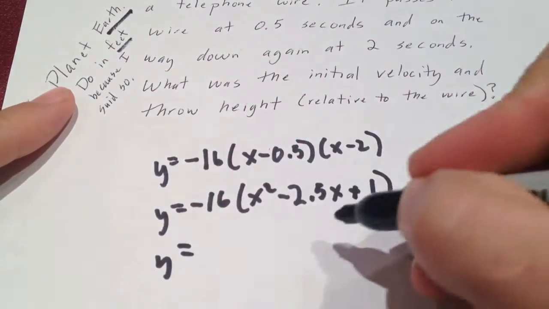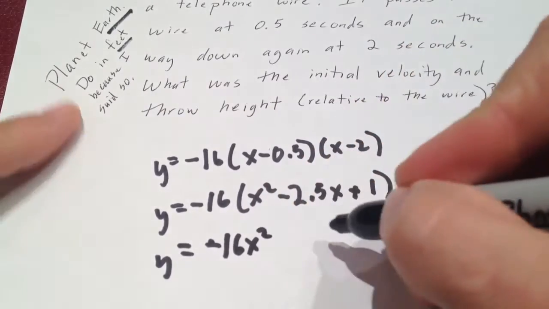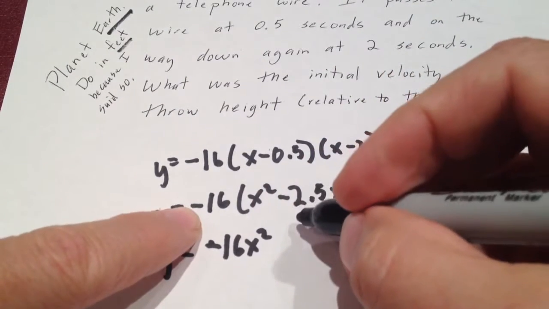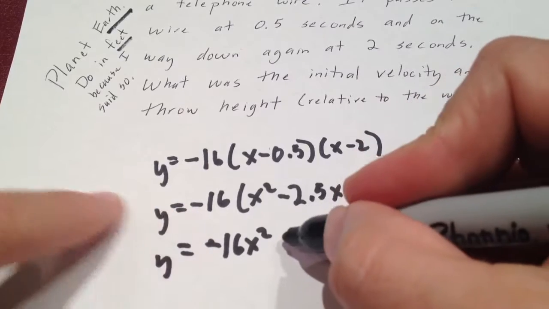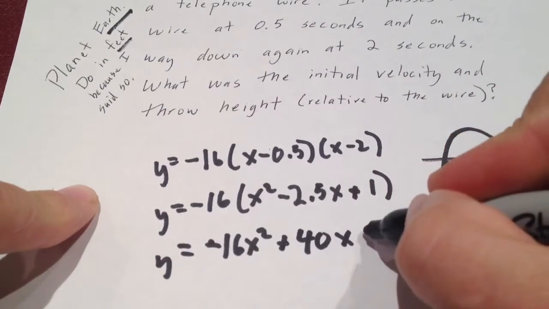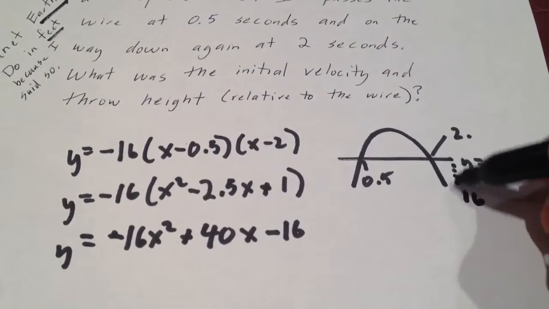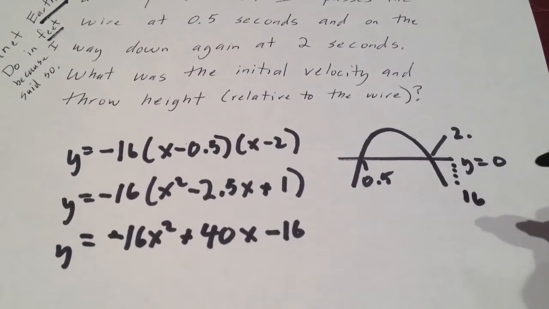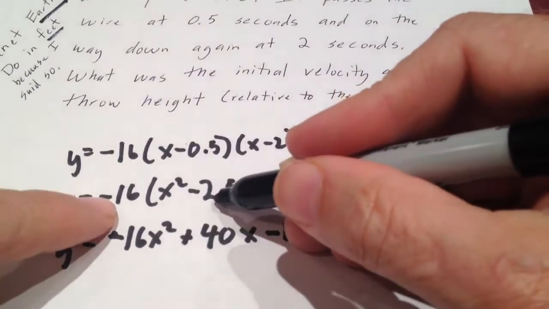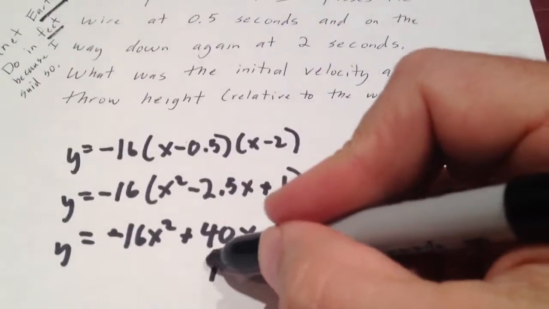And so y equals negative 16x squared, 32, I think that's going to be 40x, and then a minus 16 is how far above, this is 16 above from where I threw it from. Okay, I think that's right, 32 and another 8, I think that's 40. So there's my initial velocity.